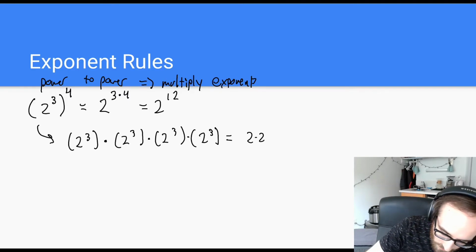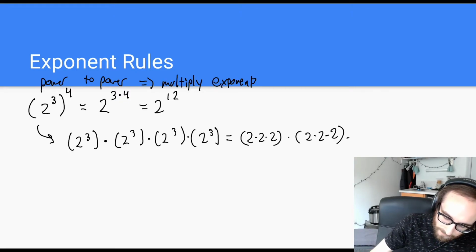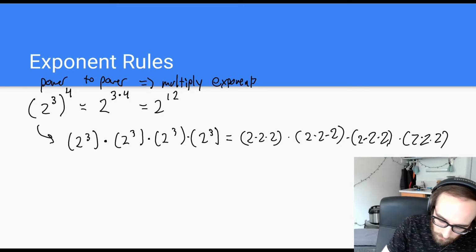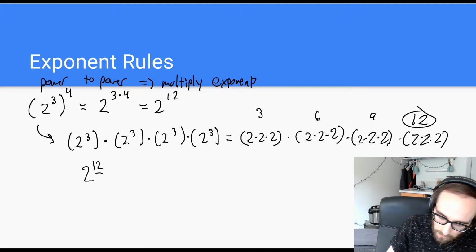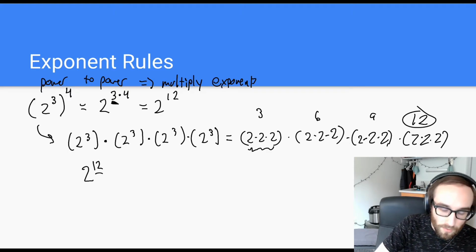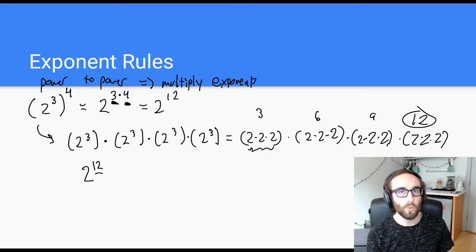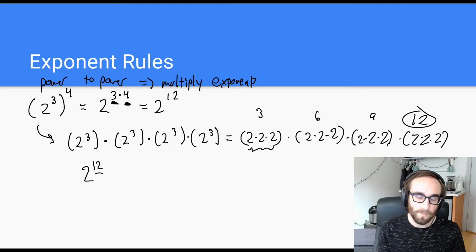So 2 times 2 times 2 times 2 times 2 times 2, and then as you can see, we have 3, 6, 9, we have 12 total 2's that we're multiplying. So we have 2 to the 12th power. In other words, we take our 2 to the thirds and we multiply our 3 2's by 4. So 4 times. If we multiply them together, we get 2 to the 12th power. So any power to a power means that we multiply the exponents.